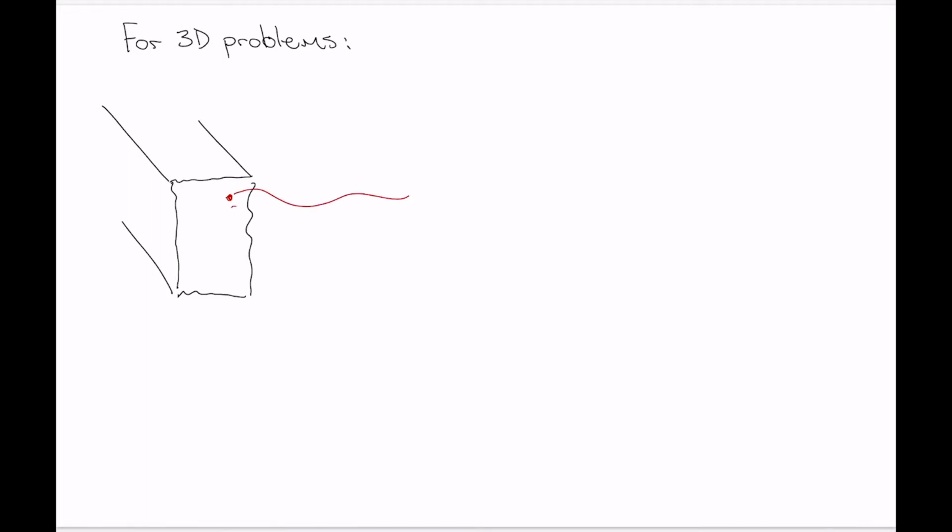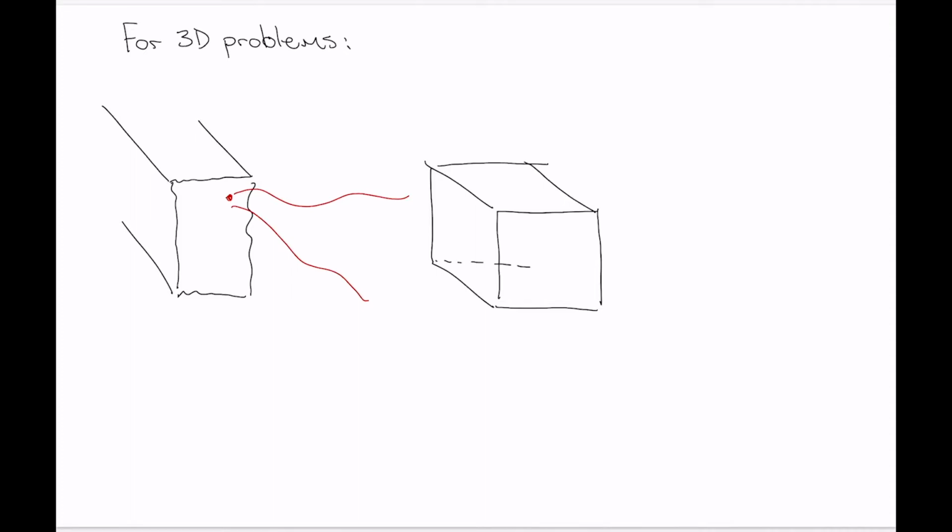Now, instead of drawing that piece of material as a two-dimensional in-plane element, as we'd call it, we draw this piece of material as a three-dimensional volumetric element. So here we go. Okay, and then we'll show some hidden lines here. There we go.